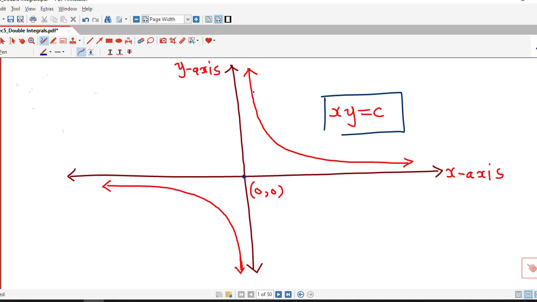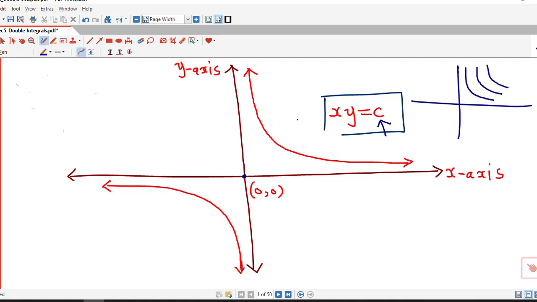It has two branches in the first and third quadrant, and we can see that the graph is symmetric in the first and third quadrant, or the graph is symmetric about the origin. Depending upon the different values of the positive constant c, the graph will be in different locations. For a given value of c, the graph will have different shapes.